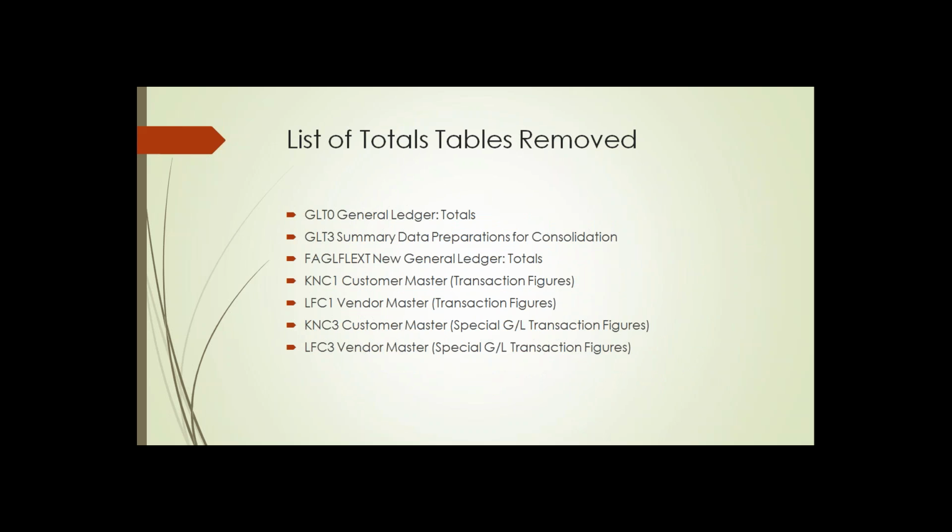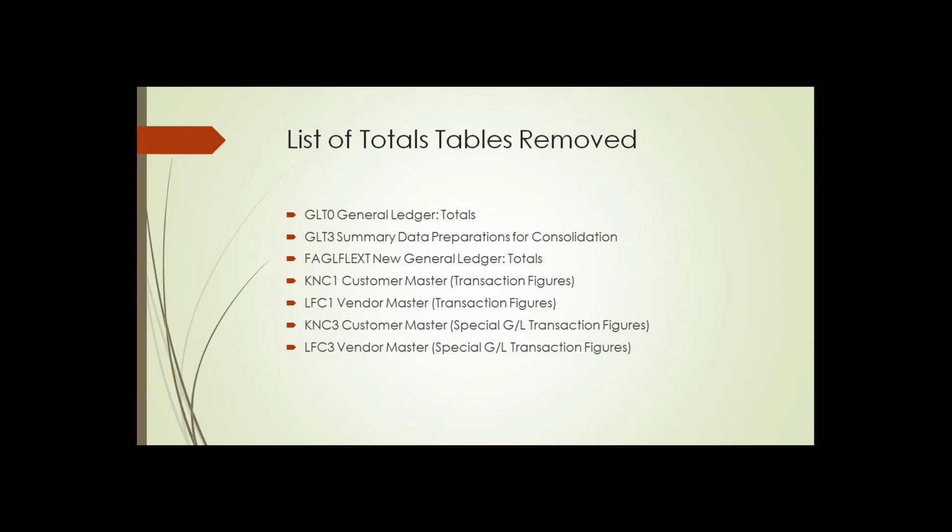GLT0, which was used like FAGLFLEXT in the classical version of GL accounting. KNC1 stores the transaction figures of the customer. For example, whatever transactions I do, the transaction lines and the transaction totals are stored in these tables. KNC1, LFC1 for vendor transactions, and KNC3 and LFC3 are used for special GL transactions.